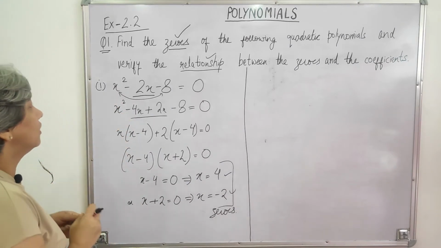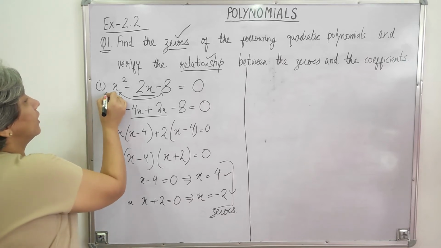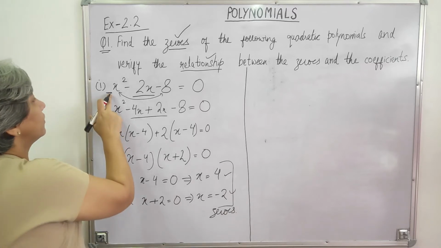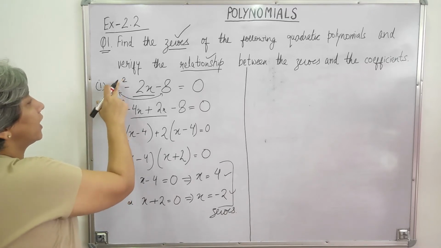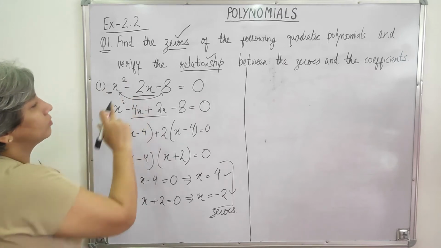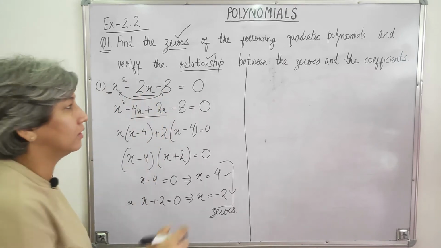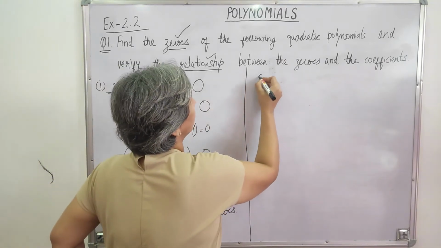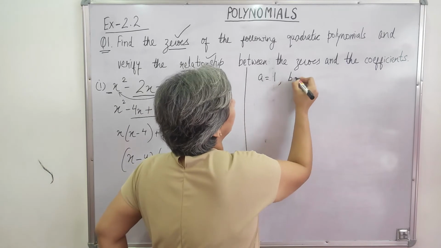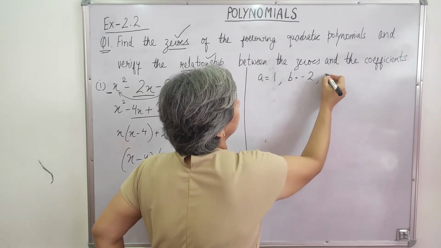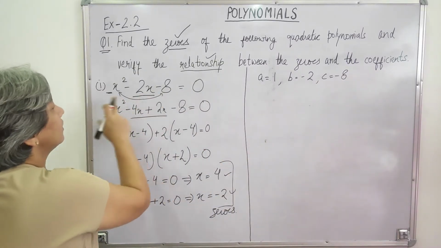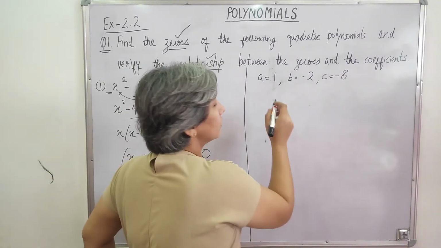As you can see, the coefficient with x square is my a, minus 2 is my b, and minus 8 is my c, right? So my coefficients are 1, minus 2, and minus 8. So these are my coefficients.